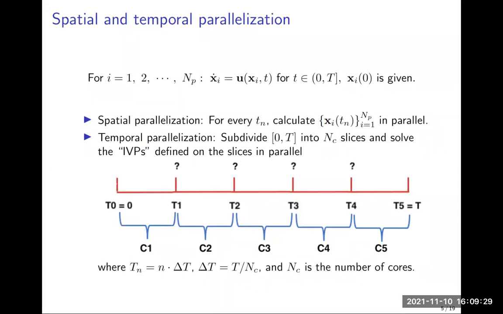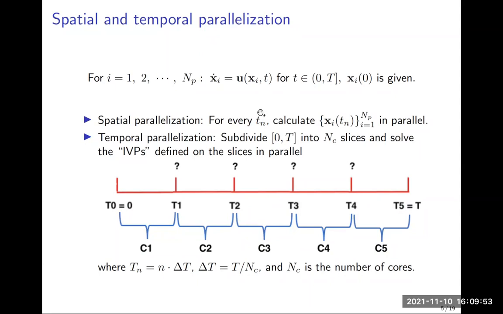So here, I first want to talk about these two fashions of parallelization. Again, let me remind you that we need to solve the system of ODEs, initial value given. The more commonly used parallelization is the spatial parallelization. By that, I meant the following.